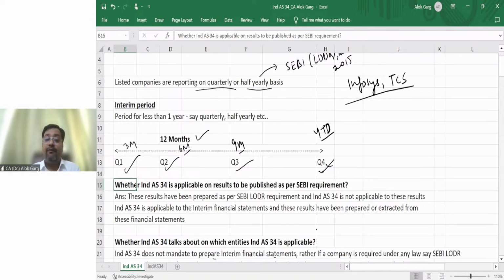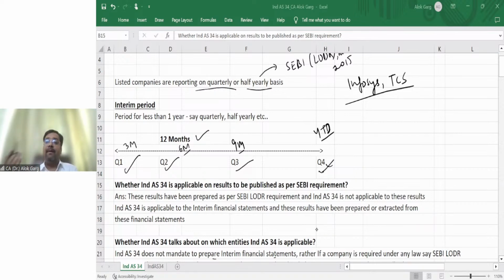For listed companies, SEBI LODR, the Listing Obligation and Disclosure Requirement Rules 2015, has given a specific format of interim financial results. I am using the word results.